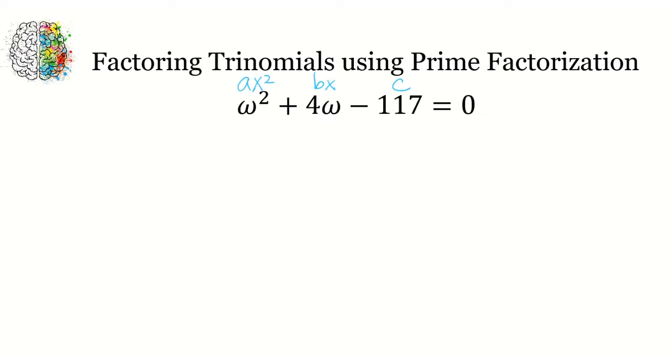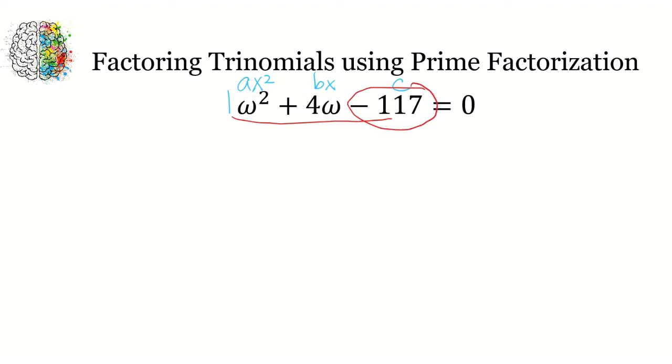So we can see that my a is a 1, and we know that in order to factor, I need to take my a times my c, and since a equals 1, I just need c. So my c is a negative 117.